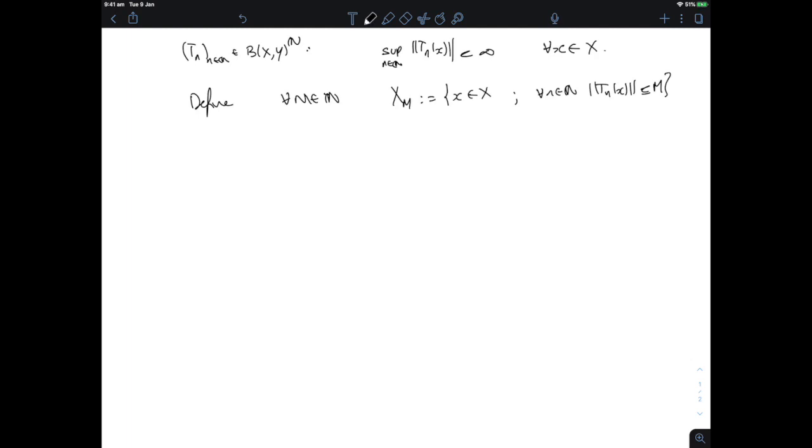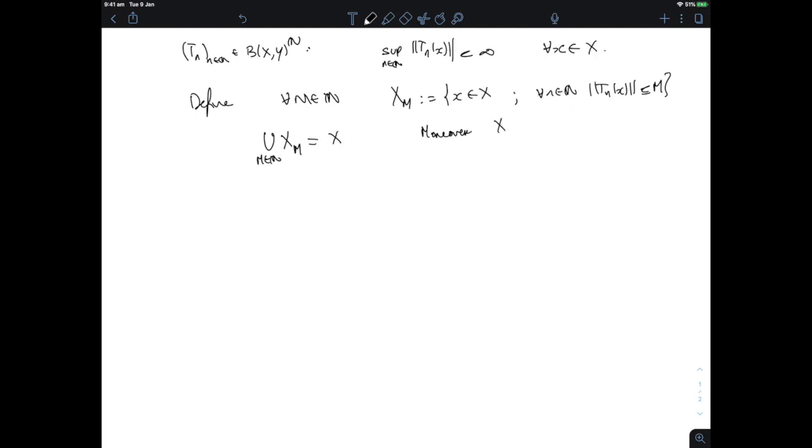Right, now, what does my assumption tell me? My assumption tells me that the union of all the X_M is equal to X, because the supremum is finite, so it's smaller than some M for some M. Now, because my T_n are all continuous, I also have that X_M is closed.